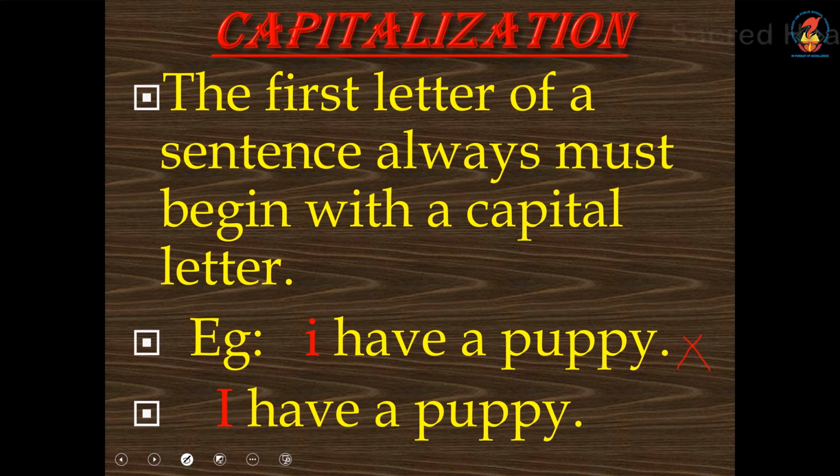And next line you see, I have a puppy. Here you have capital I, isn't it? Capital I. So, that is correct. So, always begin a sentence with capital letter. Is it clear? Okay, shall we see a few examples of this?